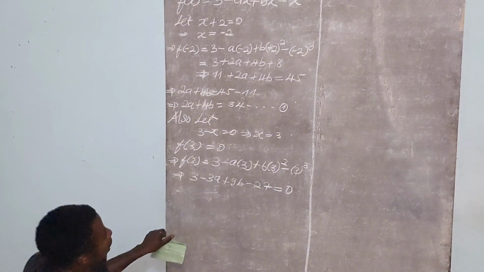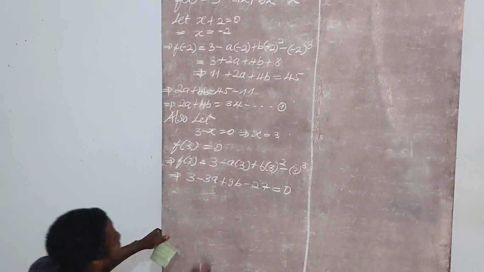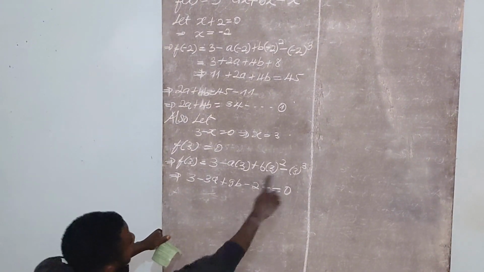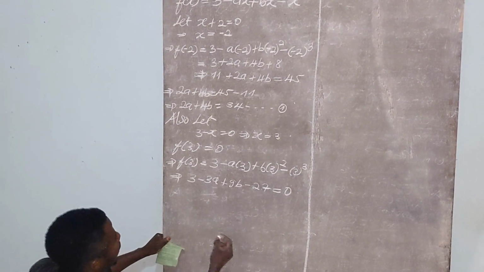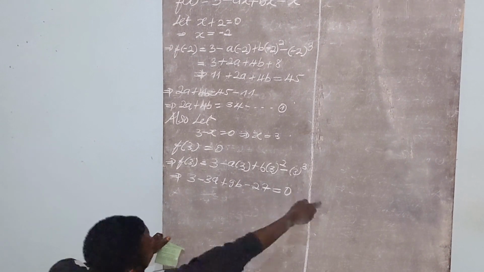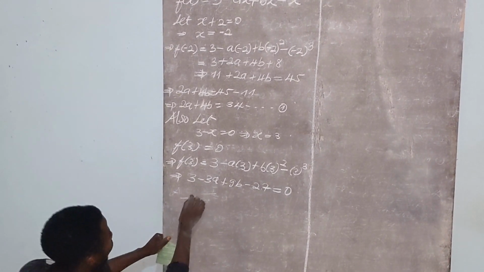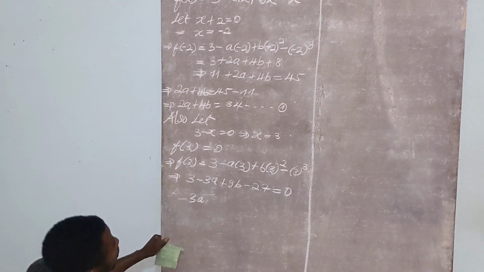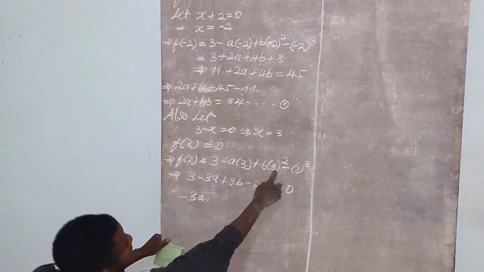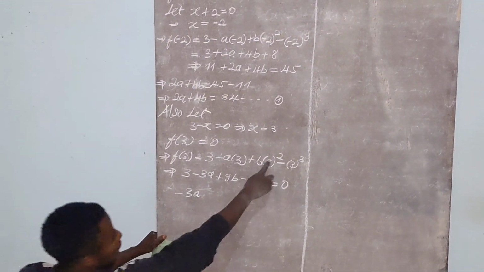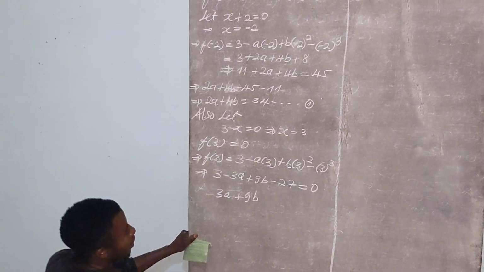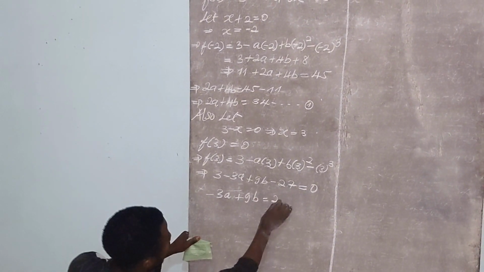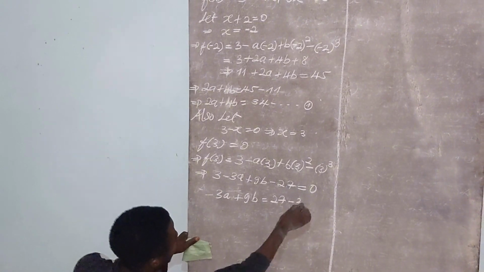So what we are going to have is, we'll start by bringing like terms together. It simply means we carry the constant term to the right hand side. So we have minus 3a, that's 9, it is 9 here. So minus 3a plus 9b equals 27 minus 3.